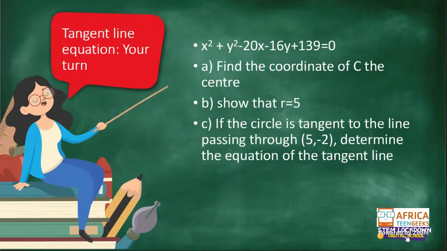Once you have done that, you'll be able to get your coordinate and even the radius. So by writing this equation in the standardized form, you will sort out A and B. And then once you know the center and you also have the point (5, -2), you'll be able to determine the equation of the tangent line.